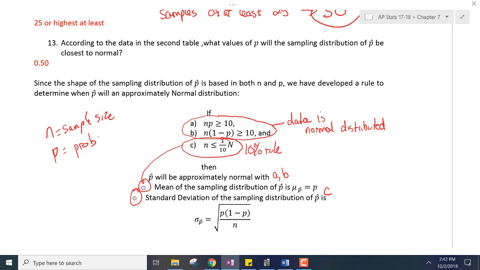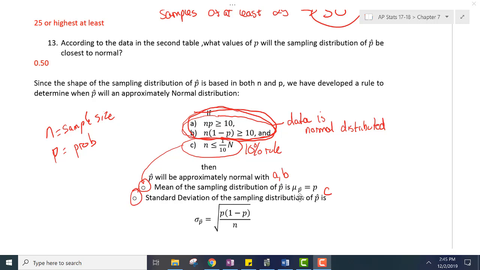These first two, we need to really understand this. If the first two things are true, both of them, then our data is approximately normally distributed. And what those two rules do is make sure that our p is big enough, but not too big.